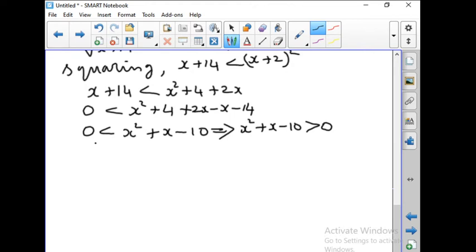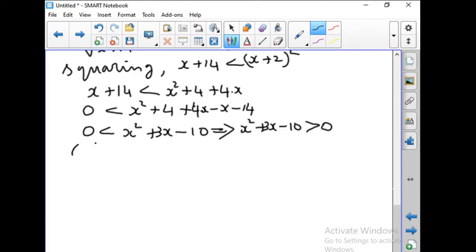Yeah, this is 4x, not 2x, because 2ab is 4x. Okay, so I made a mistake there. So, 4x - x is 3x. So, here we have 3 and here also you have 3. So, x² + 3x - 10 greater than 0.